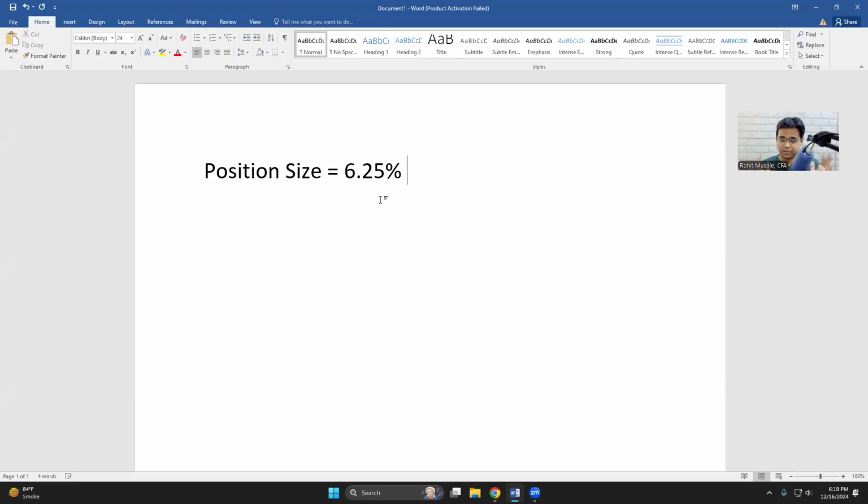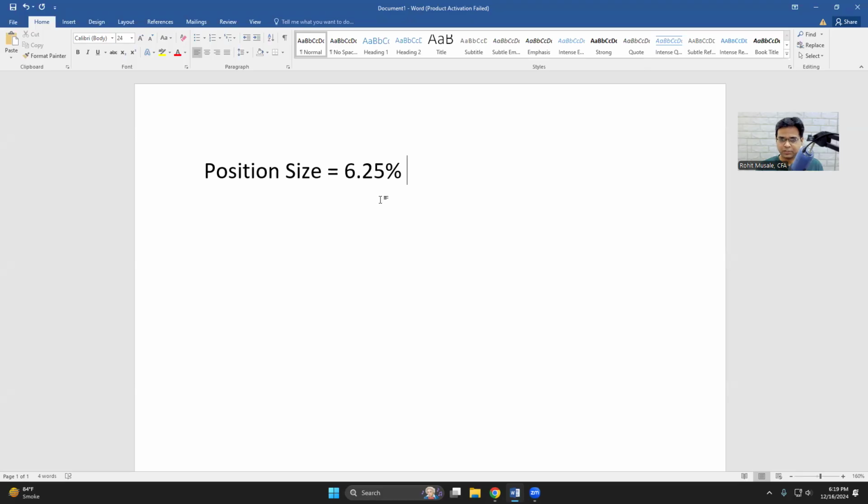So position size represents the proportion of your portfolio that you choose to put in a stock. You can directly see position size is directly related to risk. Imagine putting 50% of your portfolio in one stock. That's a 50% position size. That is huge risk. Please understand that.